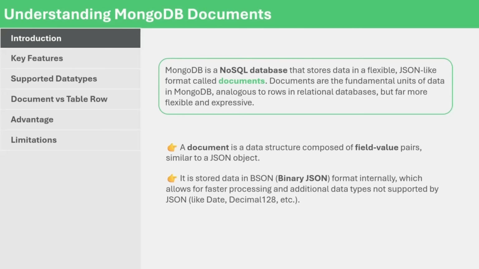BSON has more data types than what is supported in JSON. So again, in simple words, a document is a JSON-like object which stores data as key value pairs. Now, let's talk about some key features of a document.